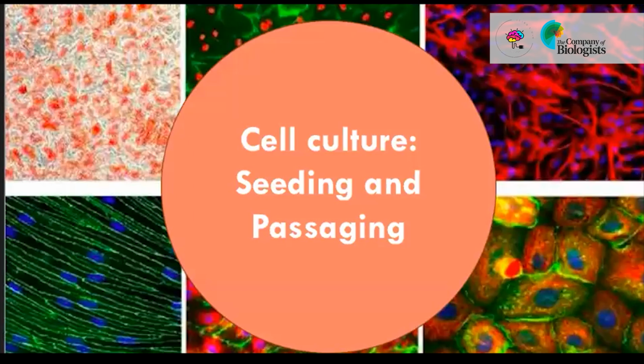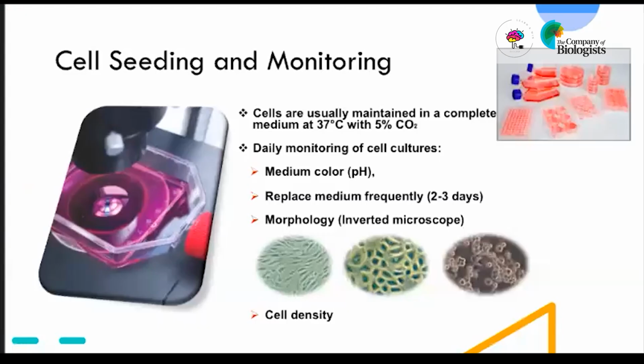Let's move on to the different stages of the cell culture process. For cell seeding, T flasks are commonly used to provide space for cell attachment and growth, while Petri dishes and multiwell plates are chosen based on precise cell requirements.